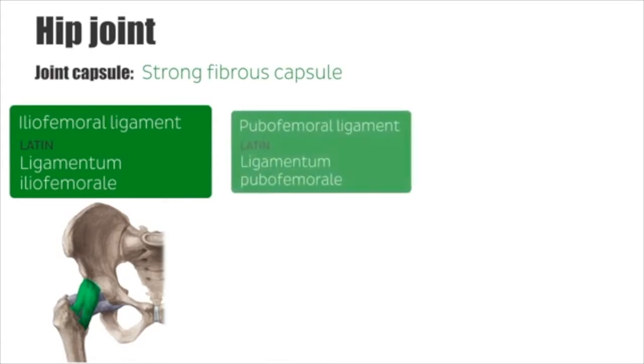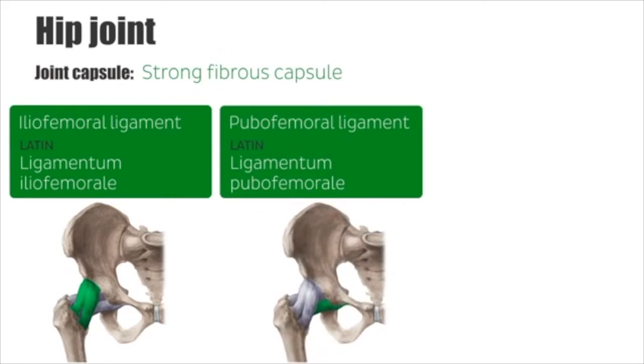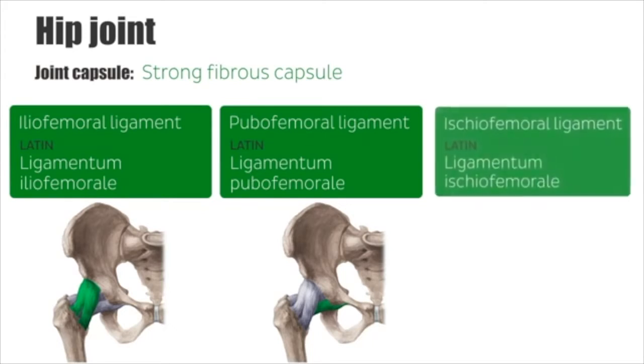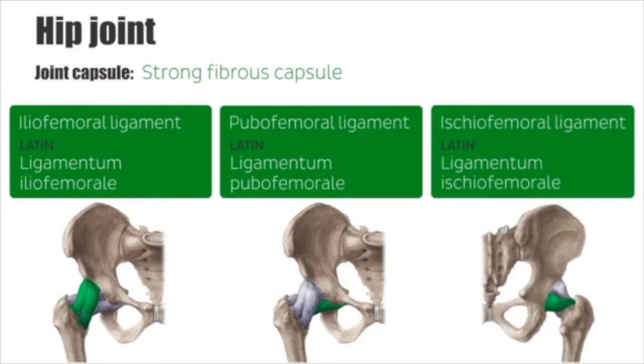Inferiorly and anteriorly, the pubofemoral ligament arises from the obturator crest and the superior ramus of the pubis and blends with the capsule and the medial part of the iliofemoral ligament. And posteriorly, the ischiofemoral ligament, seen here from a posterior view, connects the ischial part of the acetabular rim to the neck of the femur.